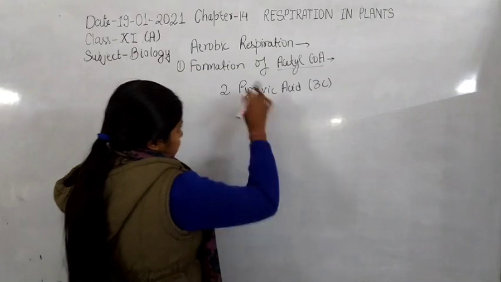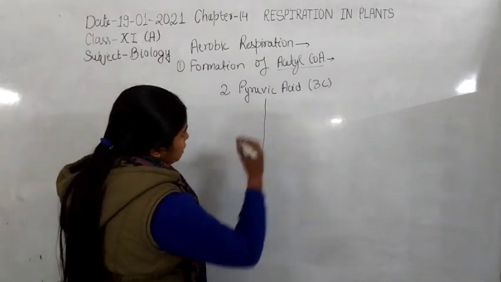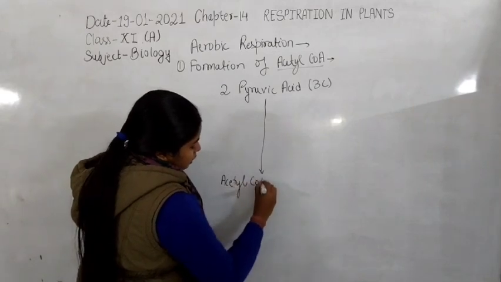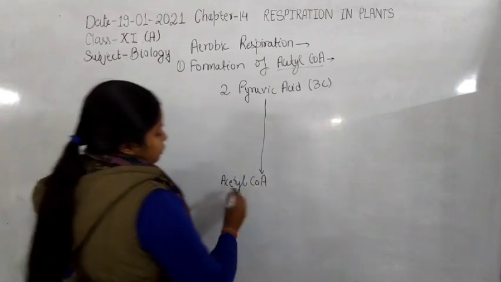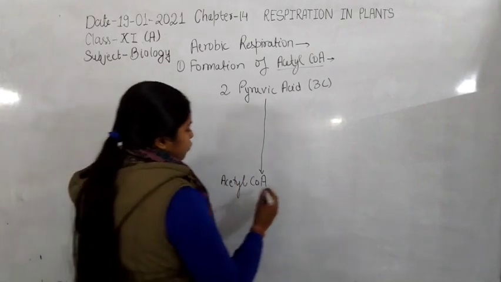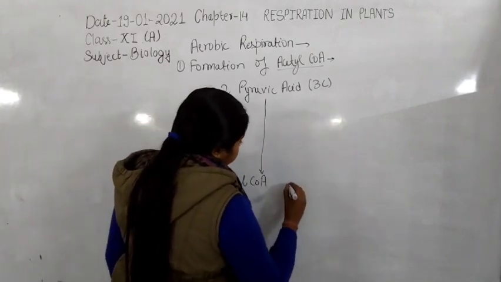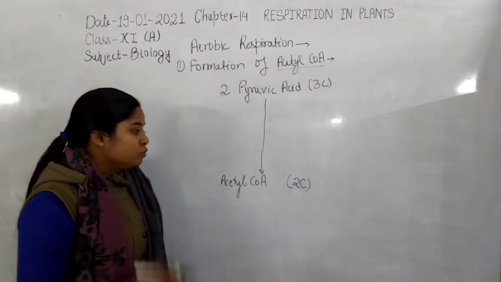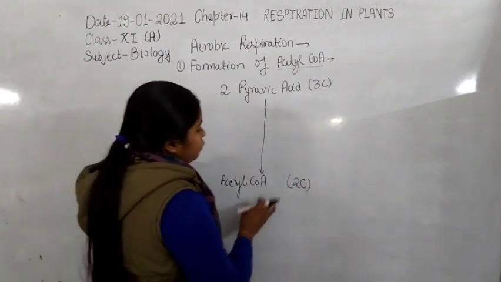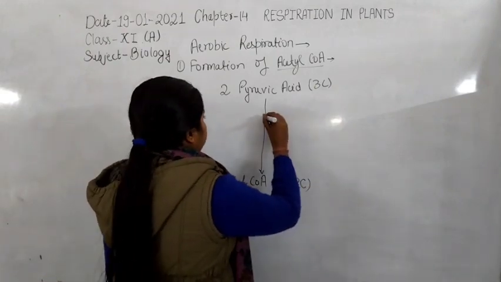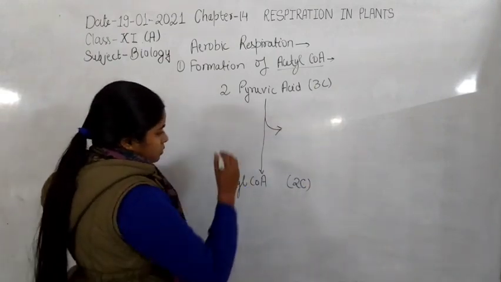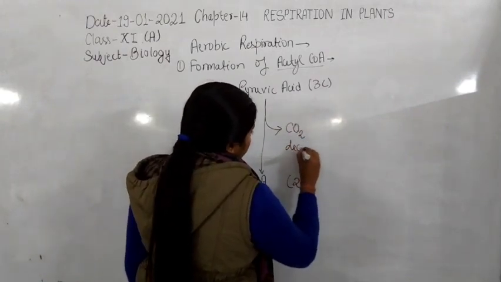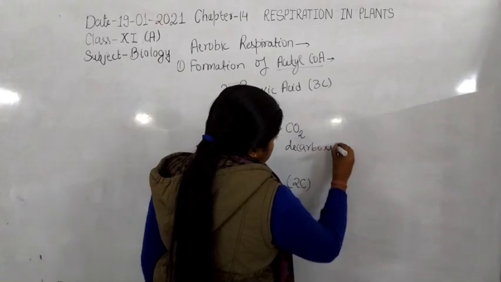After this, the pyruvic acid is converted into acetyl coenzyme A. Acetyl coenzyme A is a 2 carbon containing molecule. So one carbon is released in the form of carbon dioxide, that is, decarboxylation takes place.